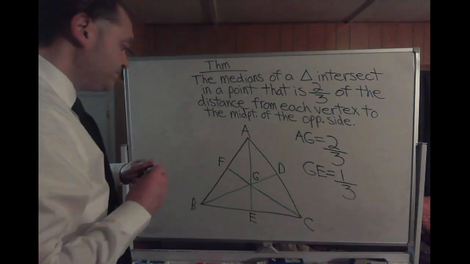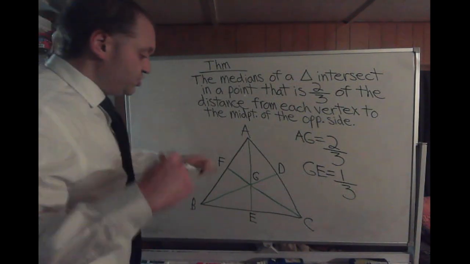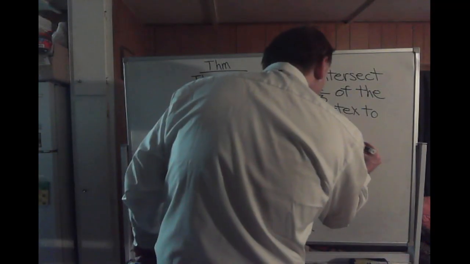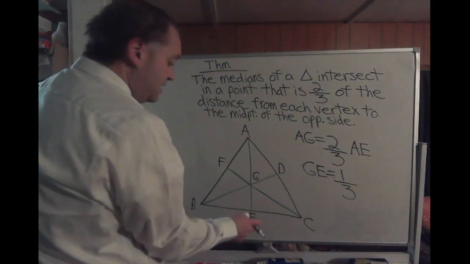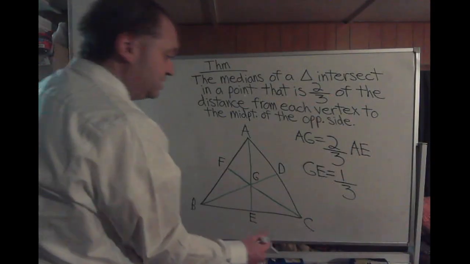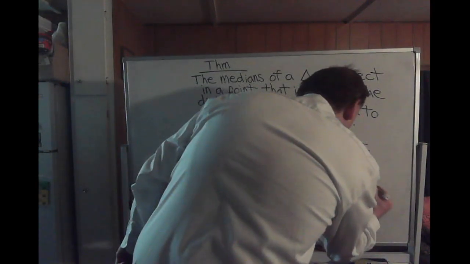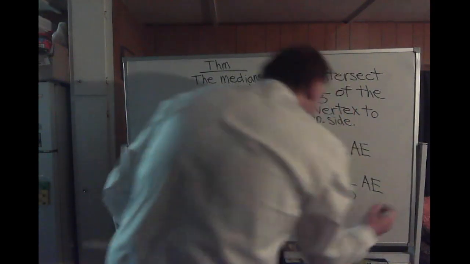So AG is going to be 2/3 of AE, and then EG is going to be 1/3 of AE. That's what that really means.